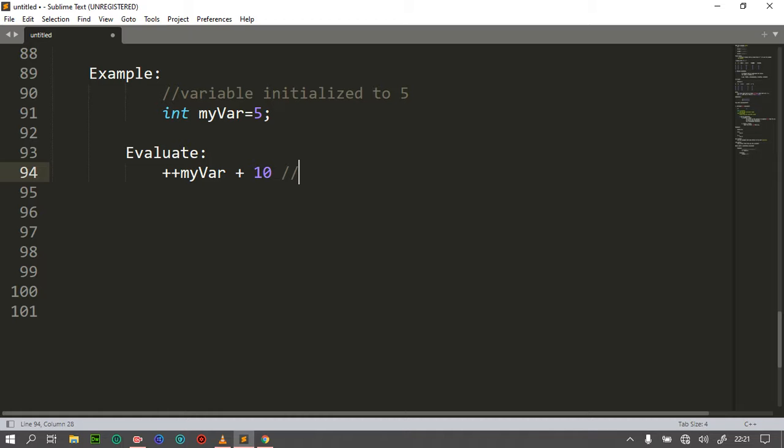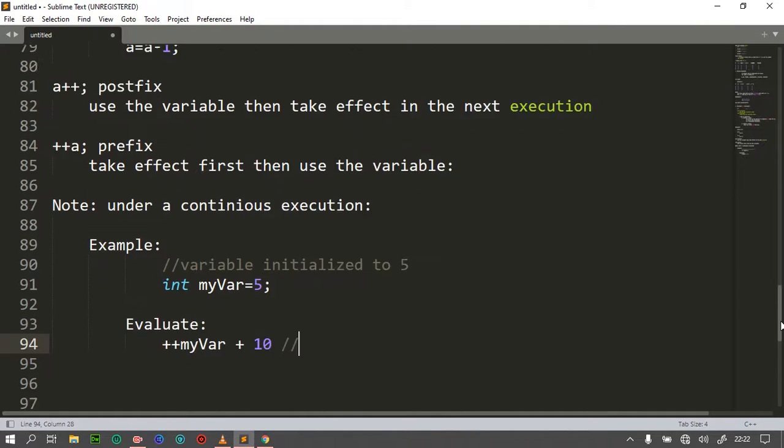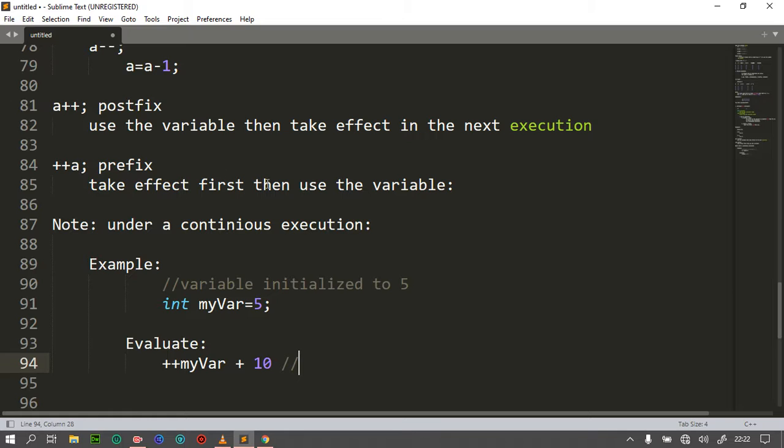Are we together? Now we have said in a continuous execution that we take effect, then use the variable. So if myVar was 5, here I increment it by 1, so it's going to be 6. So 6 plus 10, of course, gives us 16 altogether.